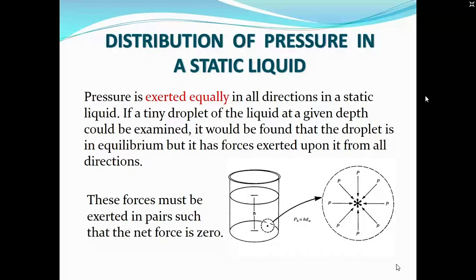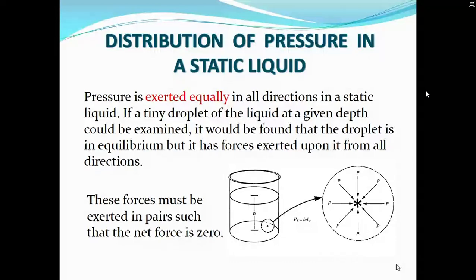This means static, not in motion. And if some small volume is considered within the fluid being placed in the cylindrical vessel, so that droplet or small volume is in equilibrium.